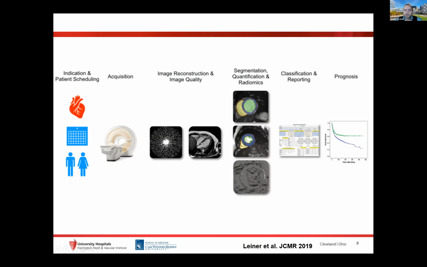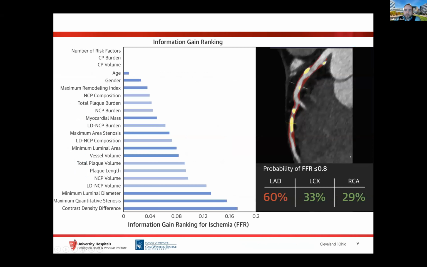Then machine learning can facilitate the segmentation of the left ventricle, right ventricle, and left ventricular wall, and can also obtain additional novel features with respect to myocardial density and texture and so forth. These can be automatically reported into structured radiology reports, and also integrated to identify novel prognostic clusters.